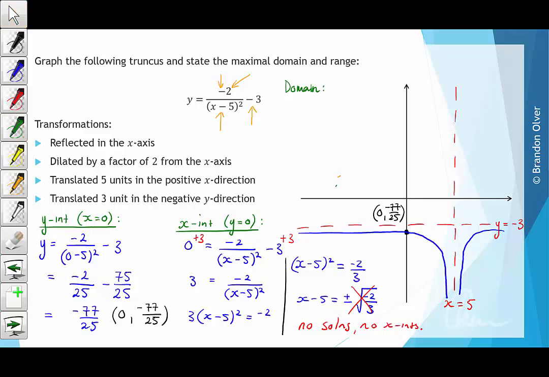If we inspect all the x values, we can see that we can put any real number excluding 5 into the function. In the range, by inspecting the graph, we can see that it starts at -infinity, not included, and goes all the way up to -3, also not included.